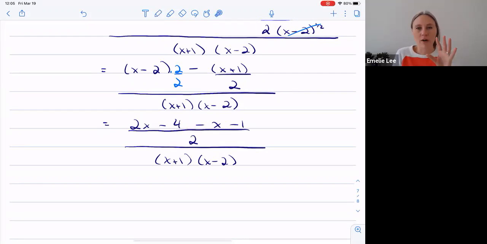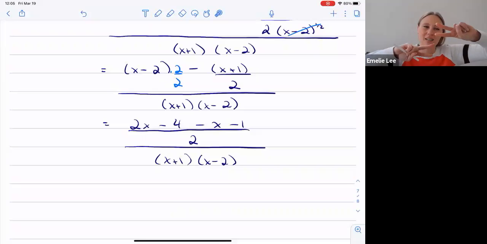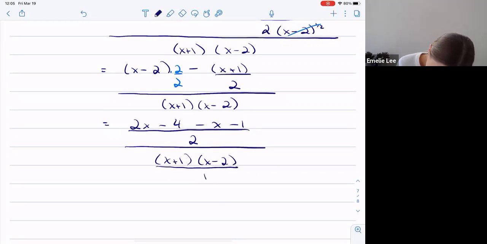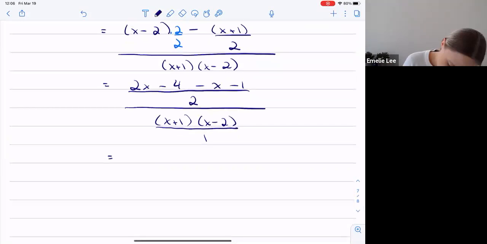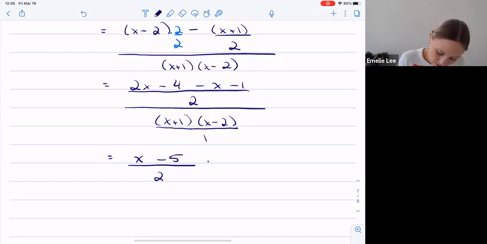Remember that you're going to have a fraction over a fraction again, so you can flip and multiply as long as you think of this as over 1. So where do we get to? 2x minus x is just x. Negative 4 minus 1 is minus 5 over 2 times 1 over x plus 1 times x minus 2.